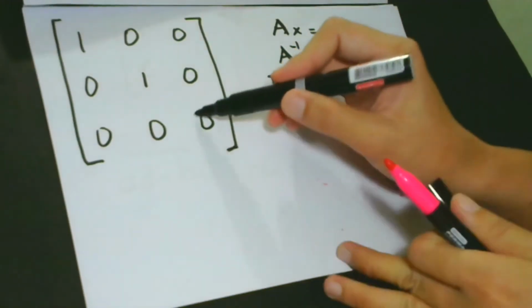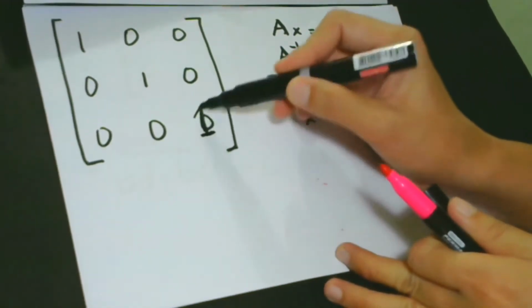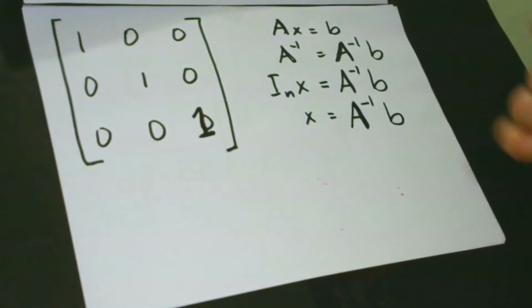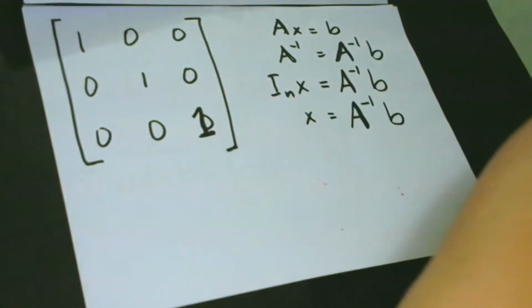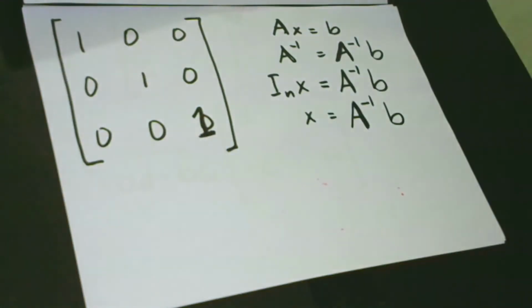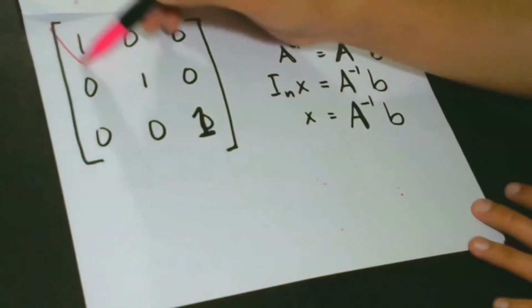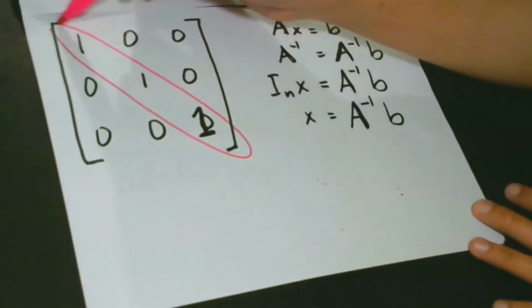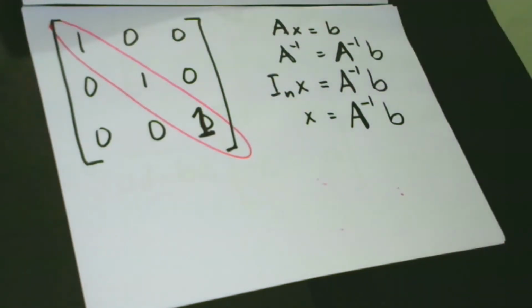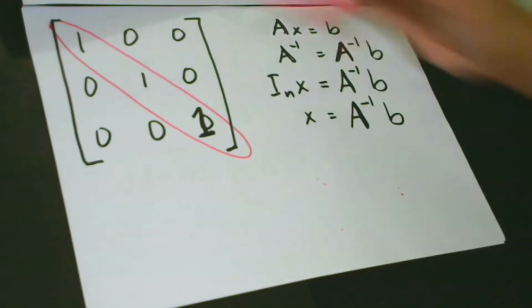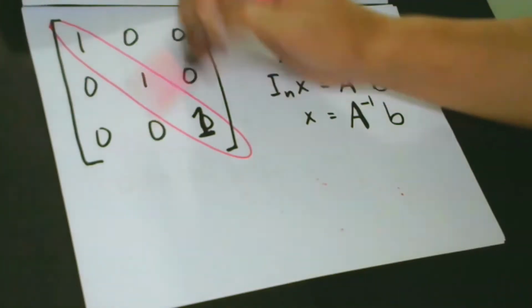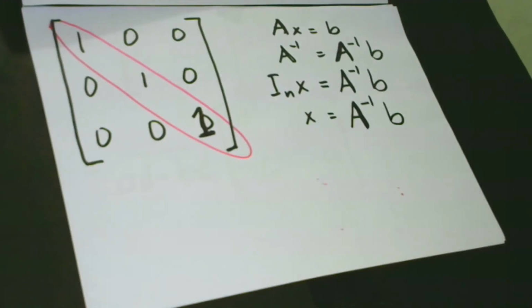It is supposed to be 1. So this is the structure of our identity matrix. This is the diagonal, and the numbers in the diagonal are 1, and the others, the sides here, must be 0.